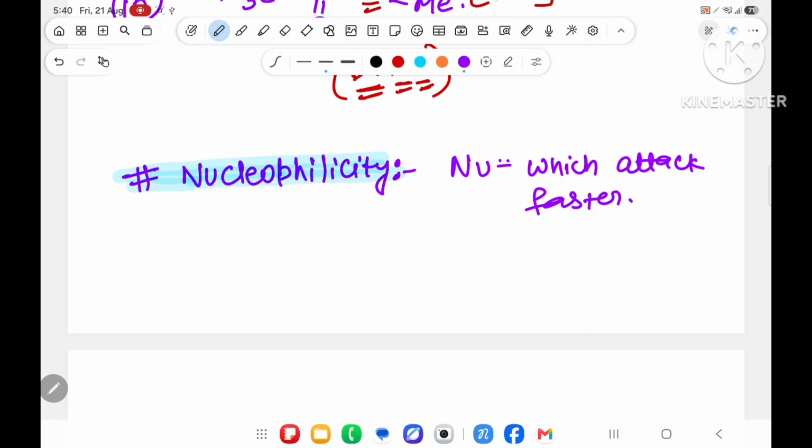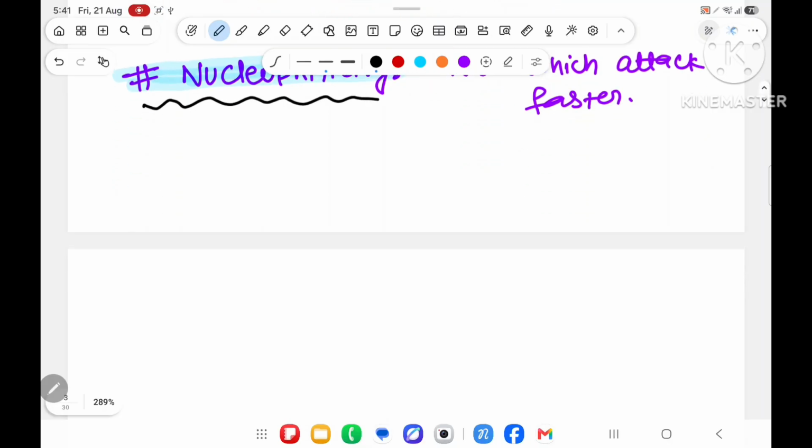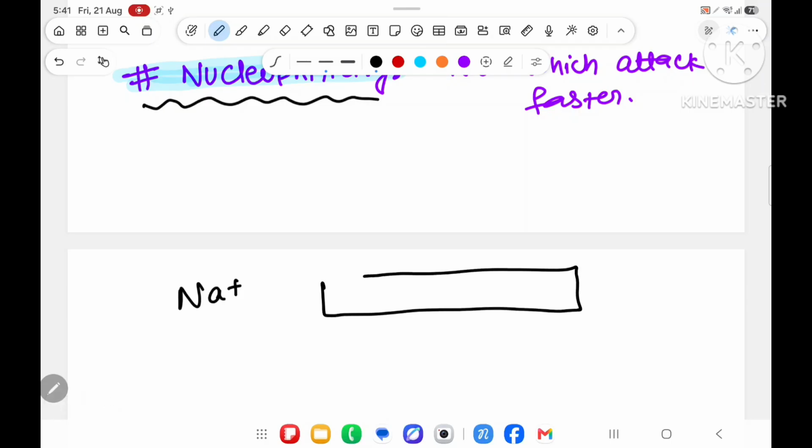In the last part I will dictate the short tricks to understand nucleophilicity. But first I will give you the logic. Suppose I have taken sodium and some nucleophiles like F minus, Cl minus, Br minus and I minus.